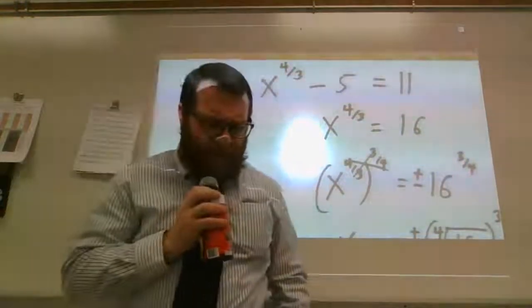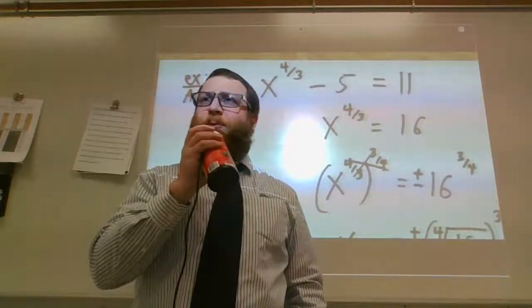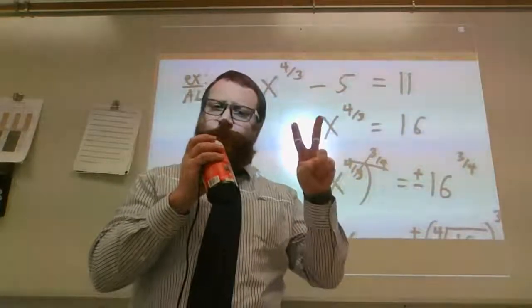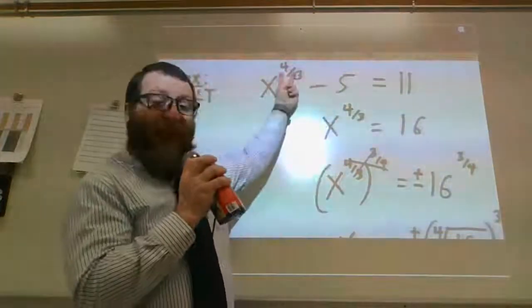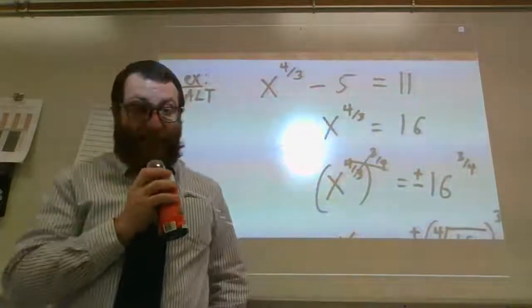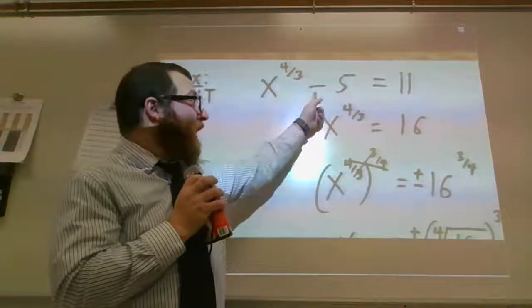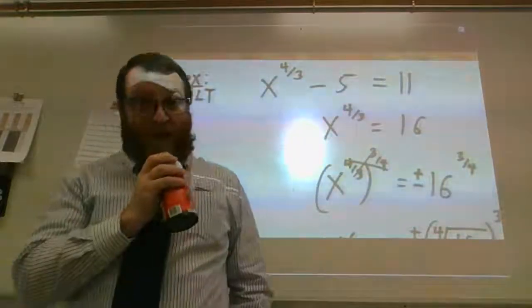What is the third root of 8? The third root of 8 is 2. And then 2 to the fourth power, 2 times 2 times 2 times 2, is 16. 16 minus 5 is 11. It works. But let's check the negative.